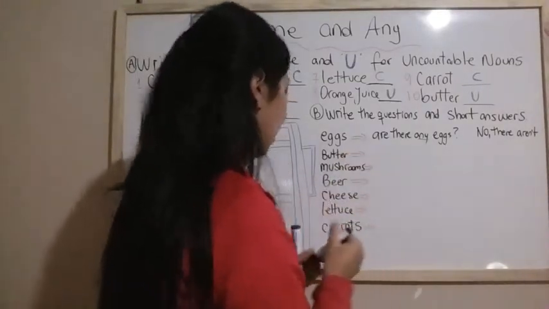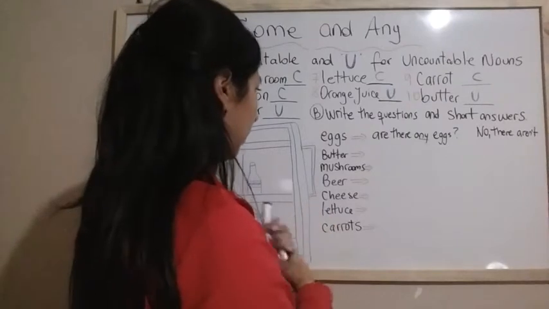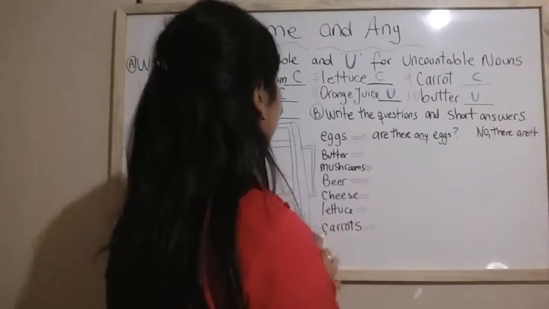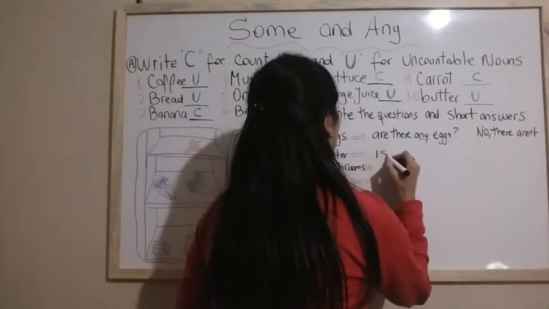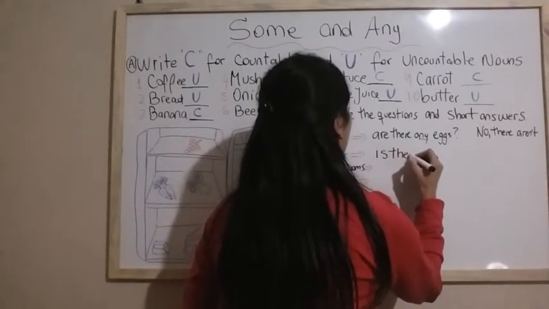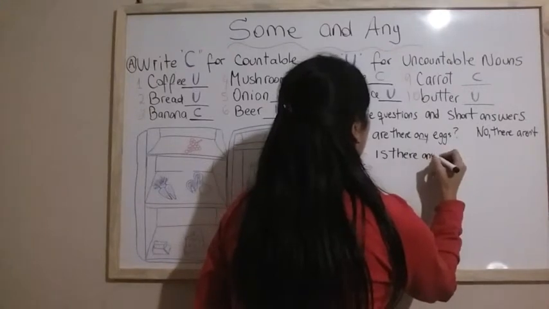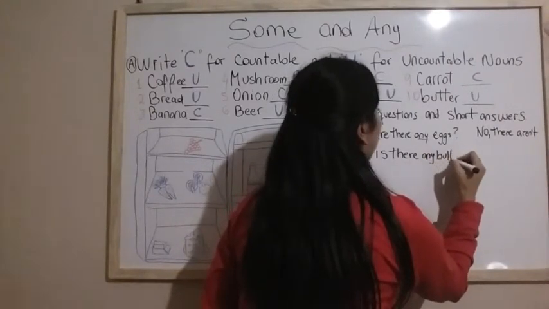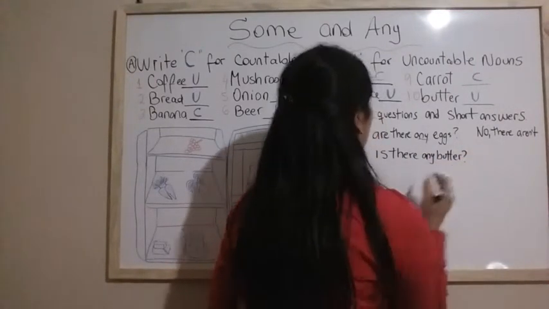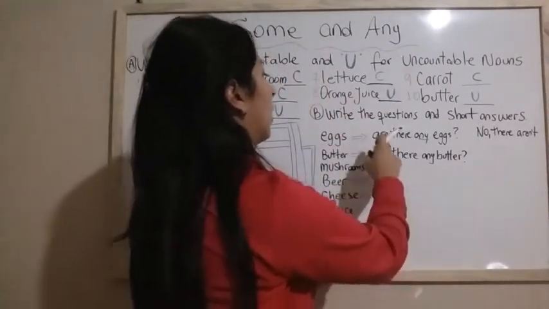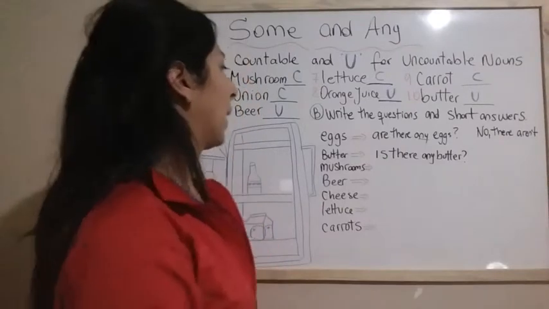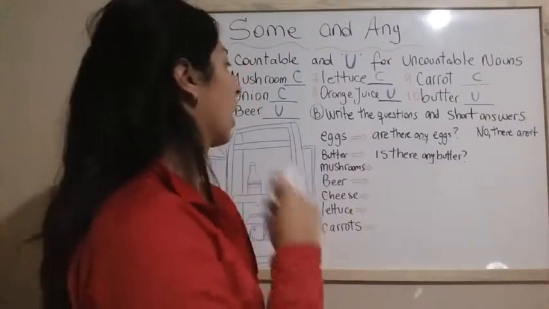For butter, the question could be, is there any butter? Why I use is and not are? Because butter is an uncountable noun.